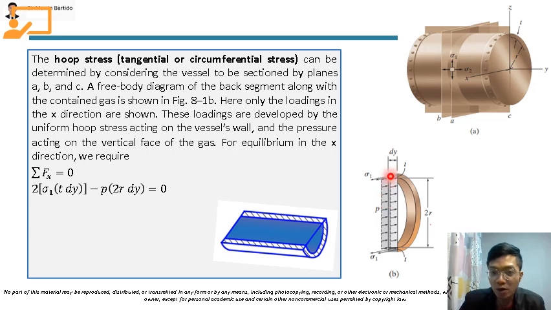The area perpendicular to it will be dy times t. So we multiply that by sigma 1 so that it becomes force. Since we have two sigma 1, here and here, we multiply it by 2. Then, since the pressure is in the opposite direction, that will be minus.